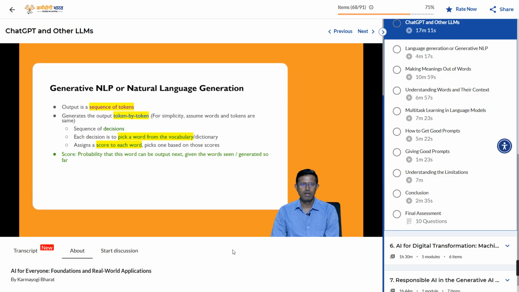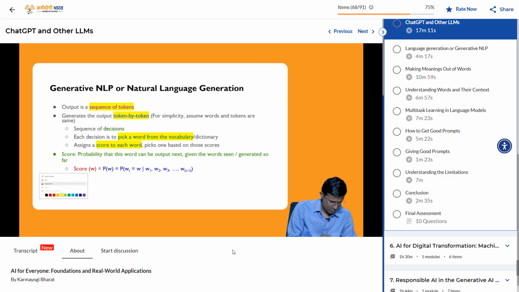What is that score? This score is essentially the probability that this word can be output next, given the words which are seen or generated so far. For example, if you look at this formula, score of w equals P(w), where P stands for probability. So we have P(w_t = w | w_1 to w_{t-1}).